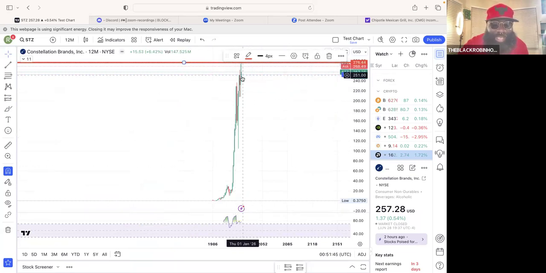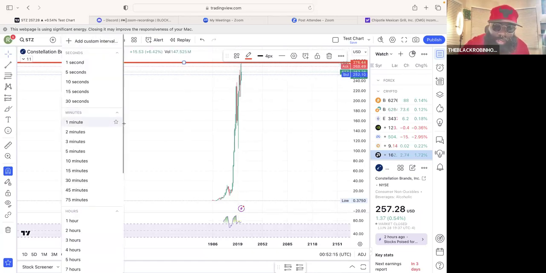But you see how it looks. If you are swing trading or day trading, you don't want to use a 12-month chart to make your decision, right? You can use it to establish where your levels are, but you don't want to use it to execute, get in a trade or get out, because it's way too large of a time frame compared to what you are doing.